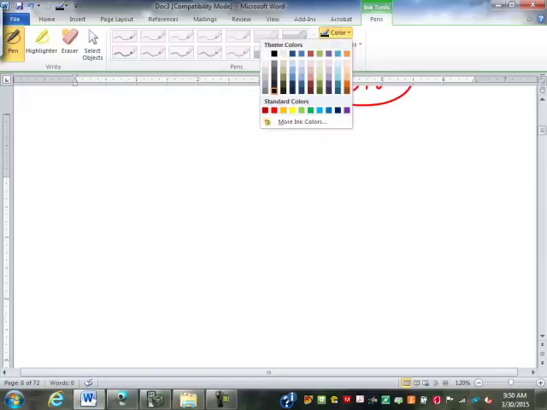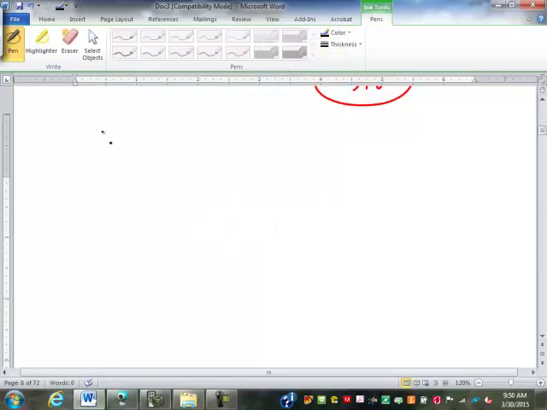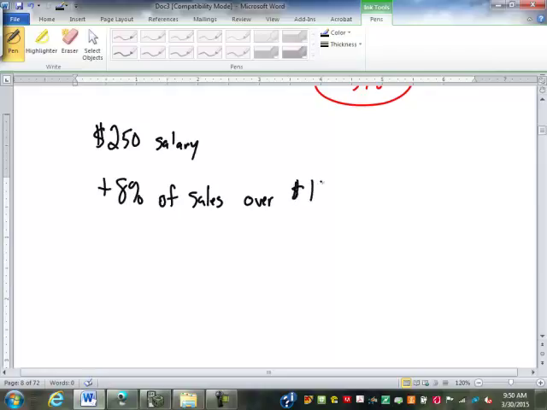is you might be expected that for your salary, you're going to have a certain amount of sales. So, for example, you may get a guaranteed $250 a week salary plus 8% of sales over $1,500.